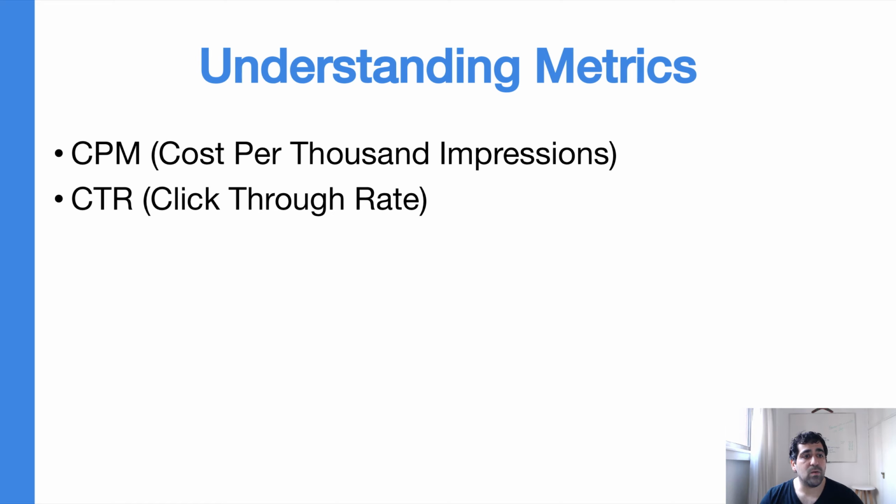Then you want to have the click-through rate, or CTR, and there are different click-through rates, so I always select the unique click-through rate because I don't care about the same person clicking many times on the same ad. And the click-through rate is very, very important because it's gonna give you an idea if people are clicking on your ads or they don't really care about them, right?